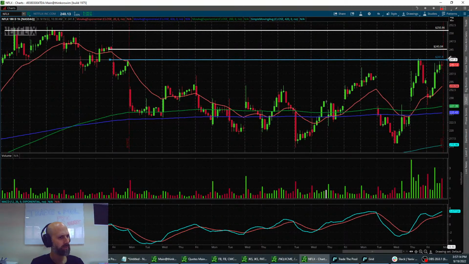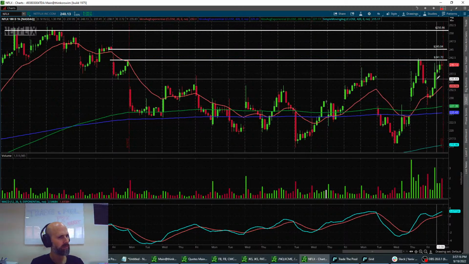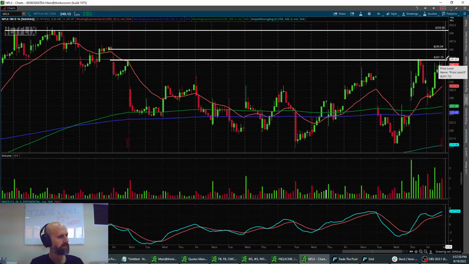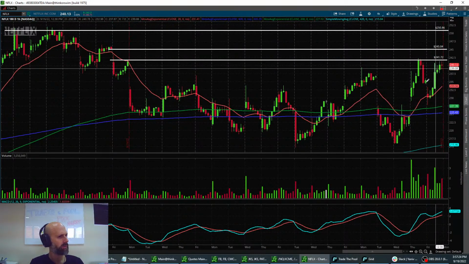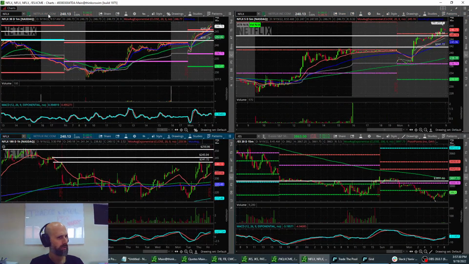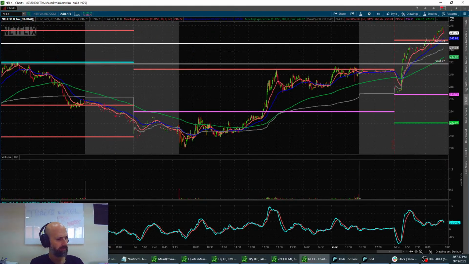Not a perfect support level, but also 242 to 241 could act as support. You can mark this level as well. And I think we covered it here. So let's go to the 1 minute chart and see how Netflix is behaving.